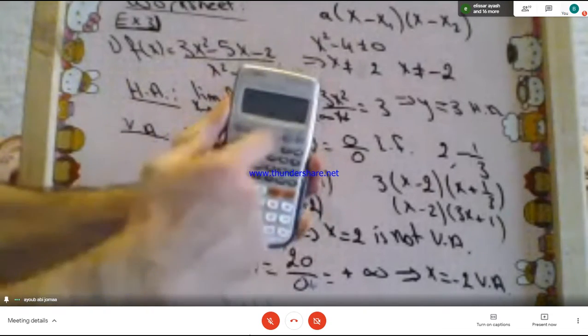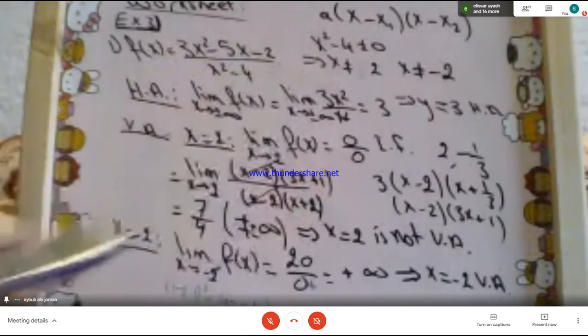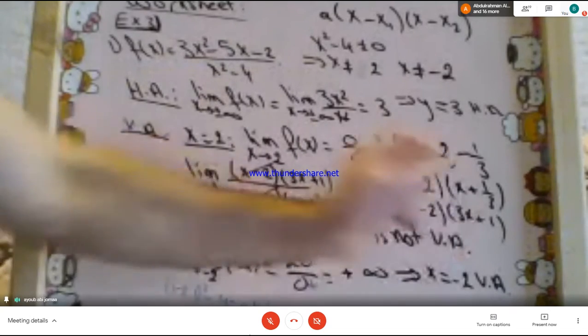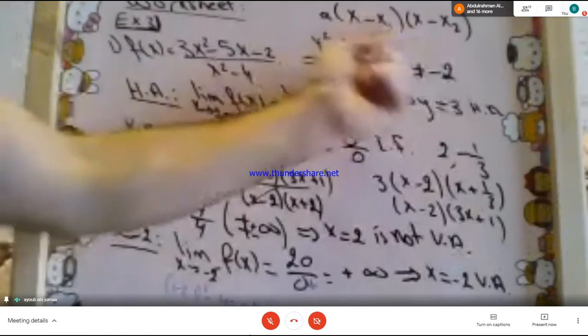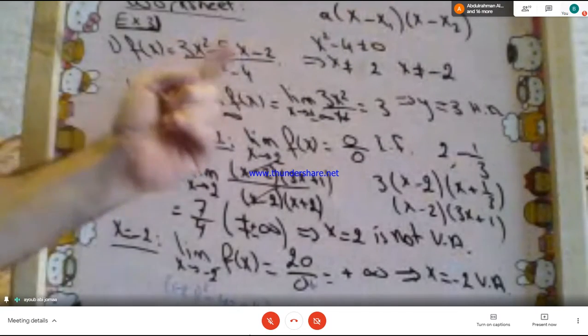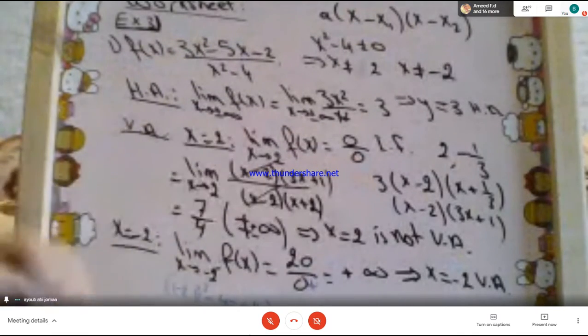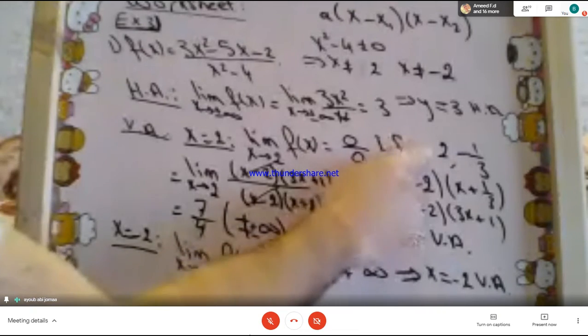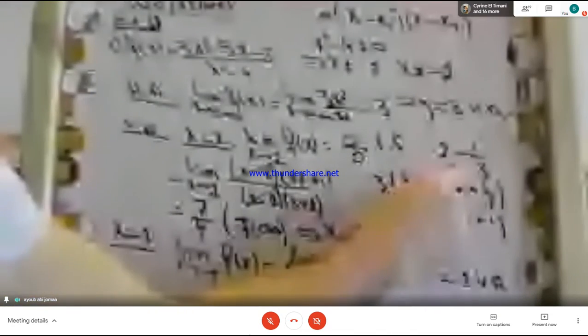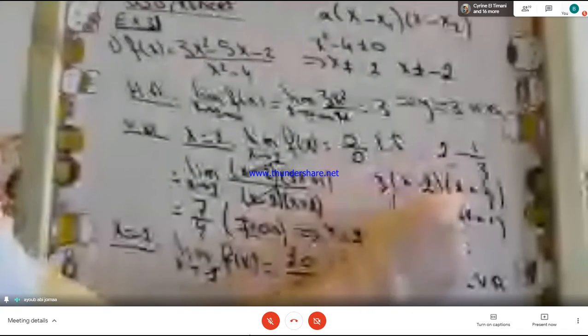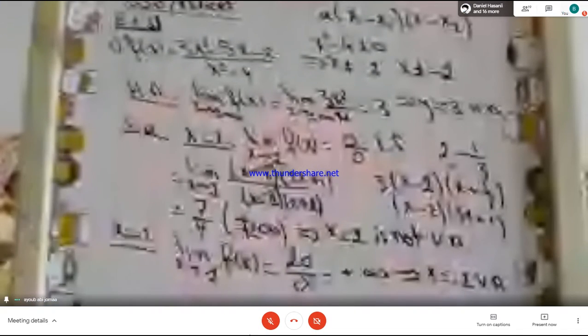2 and negative 1 over 3. So the roots 2 and negative 1 over 3 replace in this formula. So this quadratic expression will be a, which is 3, times (x minus 2) times (x minus negative 1 over 3), so x plus 1 over 3.